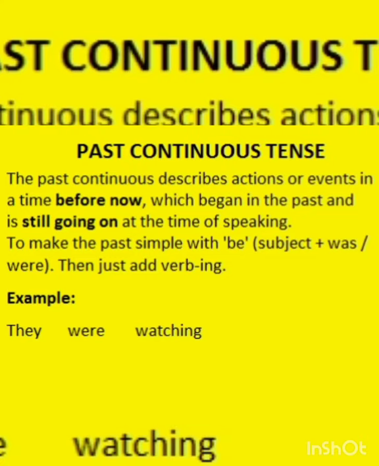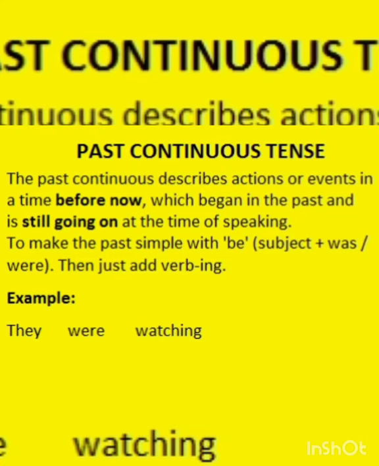See, it has to be used for an action going on at some time in the past, or else it is used for a persistent habit in the past. Or else we can say that this past continuous tense is used to describe an action or events in a time before now, which began in the past and is still going on at the time of speaking.